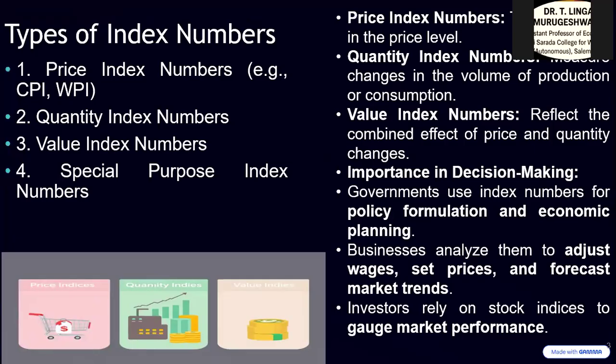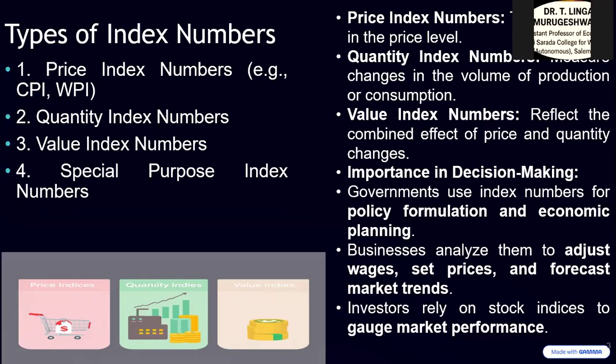Types of index numbers. Let's look at the types of index numbers. Price index numbers. Price index numbers track changes in prices. For example, consumer price index. Quantity index numbers show changes in production or sales volume. Example, quantity of rice produced in different years.